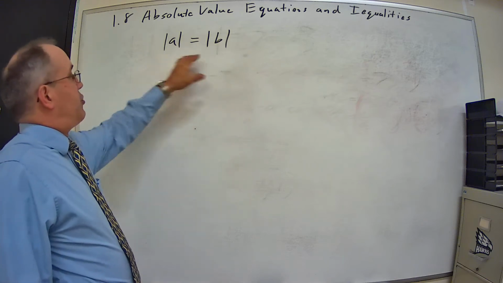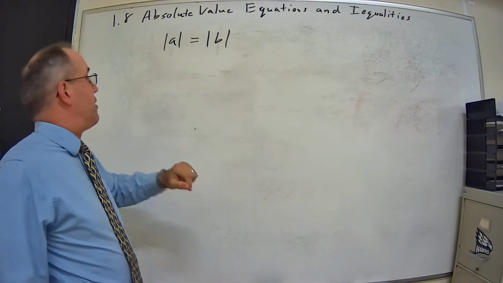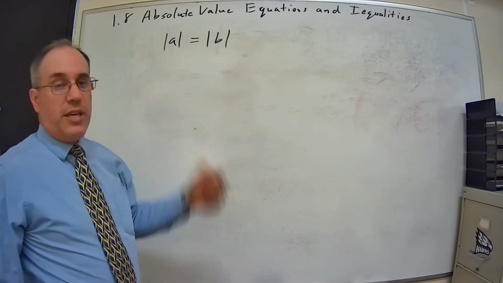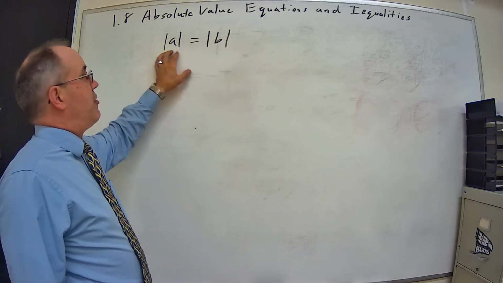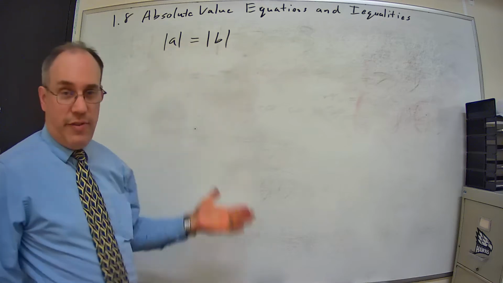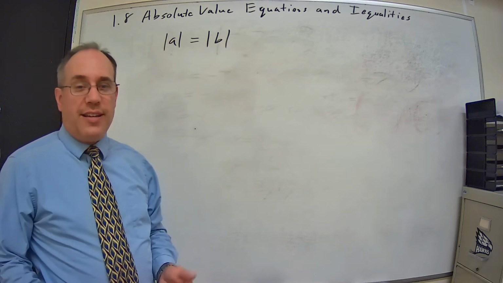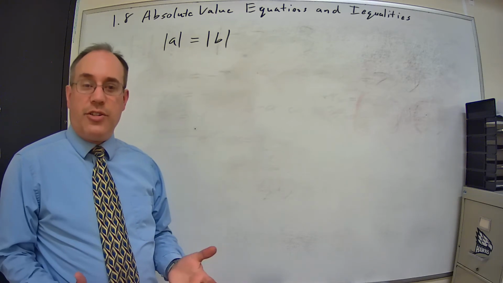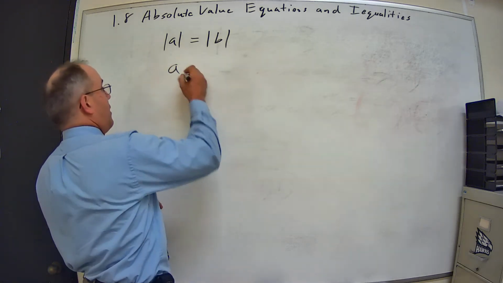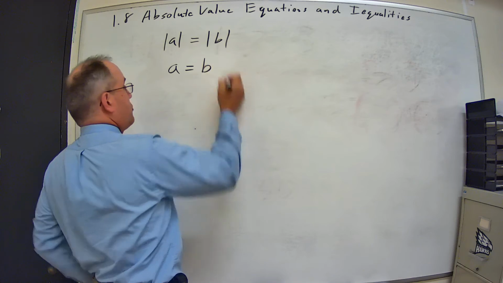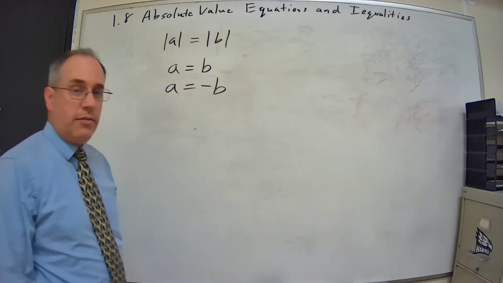Well, we know that if this was just B without the absolute value sign there, A would be either equal to B or negative B. And if this didn't have the absolute value, then B would be either A or negative A. So since we have absolute value on both sides, it really doesn't change anything. A is either the same as B, or A is the negation of B.